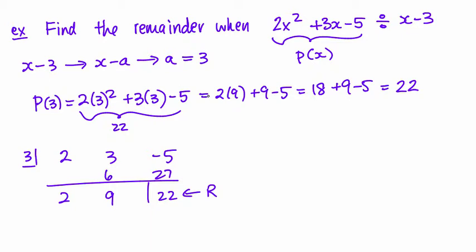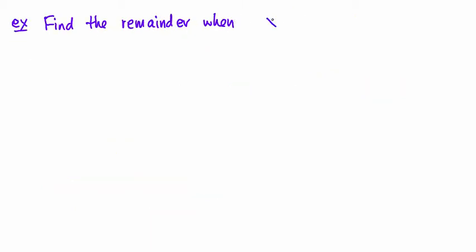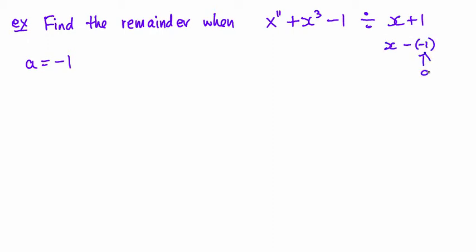Let's take a look at another example. Let's find the remainder when x to the 11th plus x cubed minus 1 gets divided by x plus 1. So a is minus 1, because x minus minus 1, there's your x minus a. So I put minus 1 over here if I were doing synthetic.